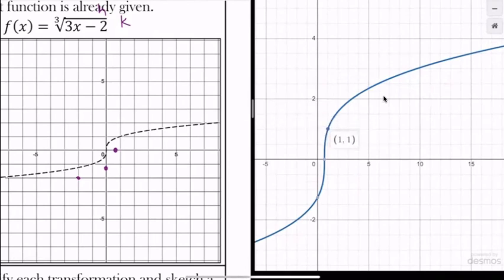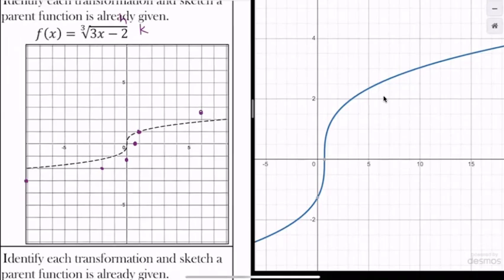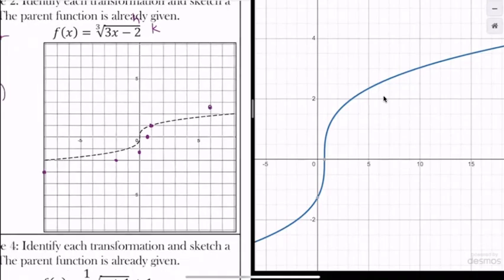There we go. 1, 1. 6, I'm going to do 6, 2.5. Right there. Okay, that should be enough. And then we'll just connect our dots. That was kind of hard to find.